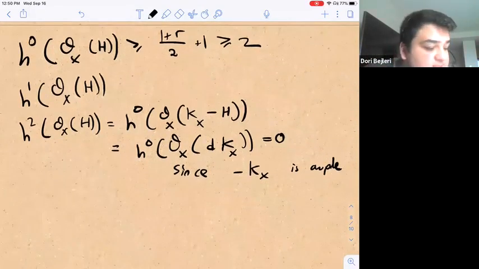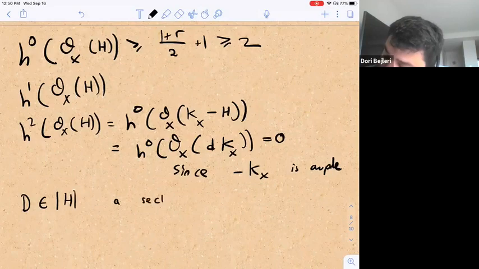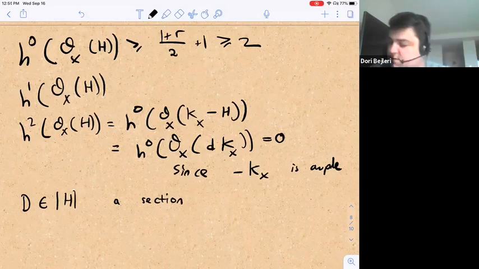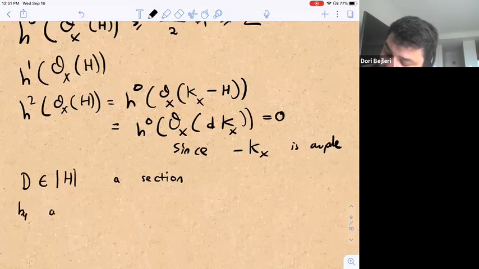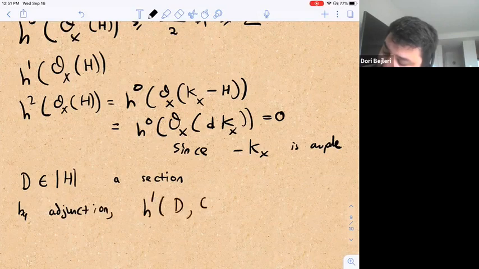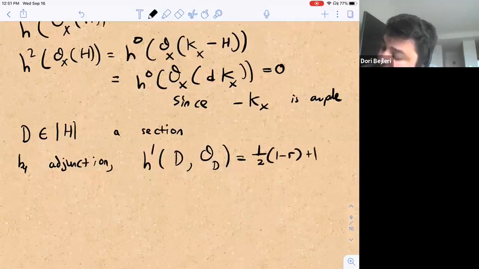Okay, and then let's say D is one of those sections. Then you can compute the genus of D with adjunction. And if you work that out, you'll get 1/2 (1 minus r) plus 1. And what do we know about this?